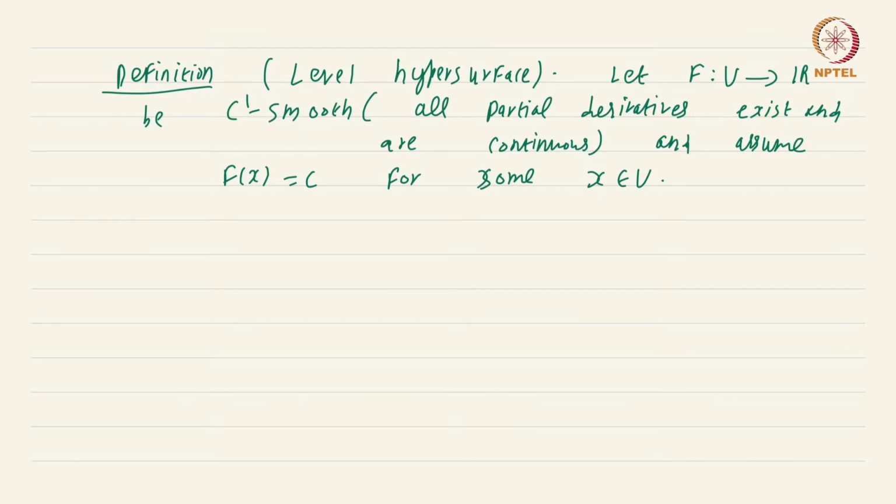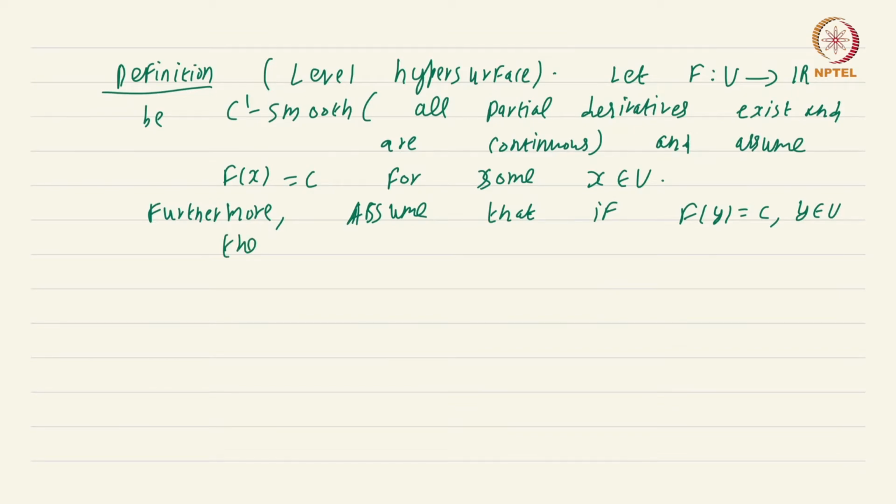Now furthermore, assume that if f of y is equal to c, where y is coming from U, then the gradient of f at y, to be more precise, is not 0.